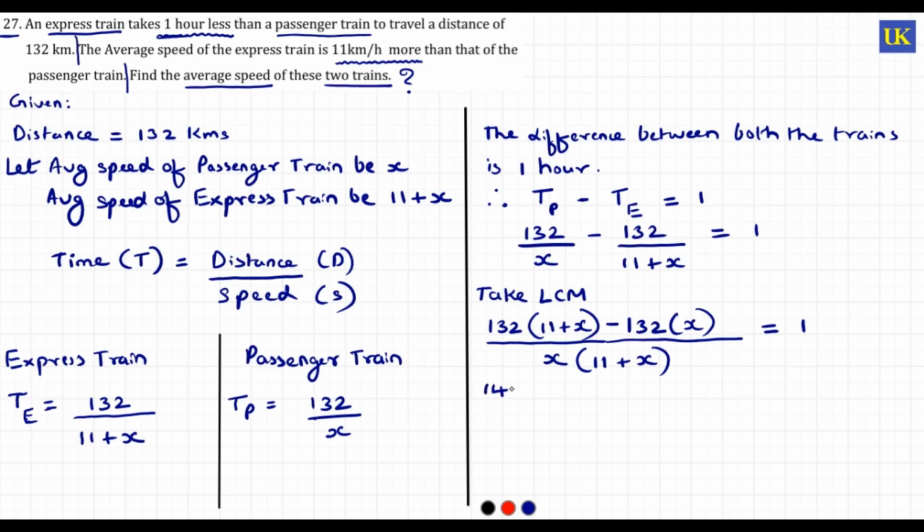This will become 1452, 132 into 11. Then 132x here minus 132x, over 11x plus x into x, x square, is equal to 1.